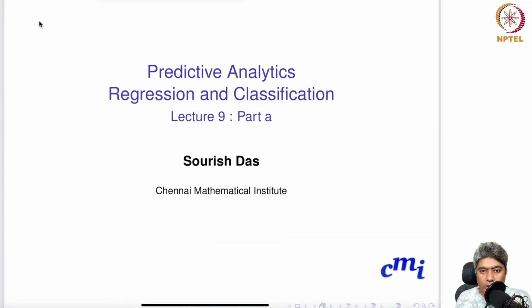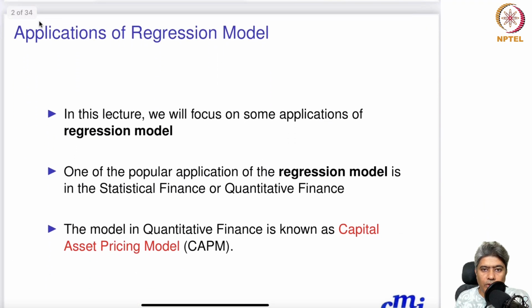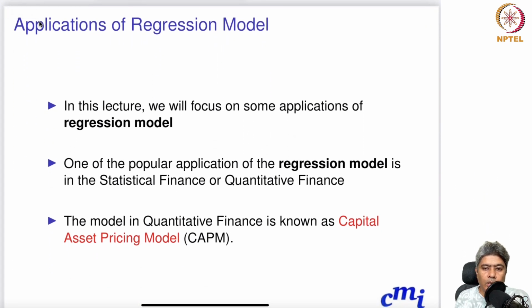In this lecture, we are going to talk about an application of regression model. This is perhaps the most popular application of regression model. One of the popular applications of this regression model is in statistical finance or quantitative finance. The model in quantitative finance is known as the capital asset pricing model.